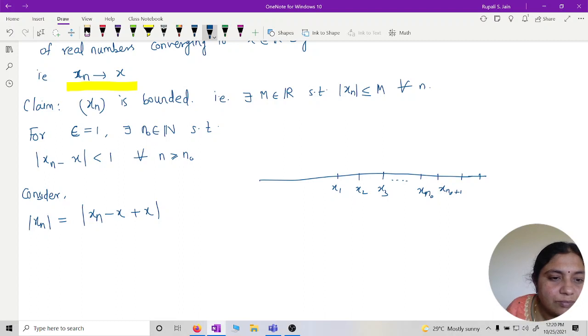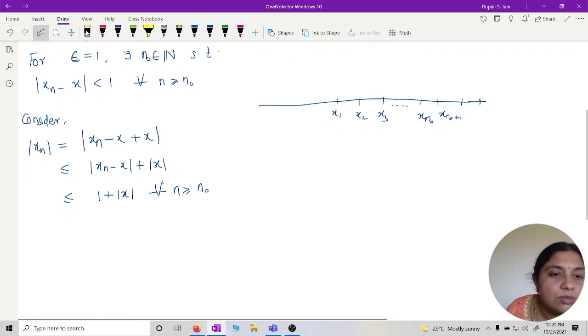This is less than or equal to mod of xn minus x plus mod x. Now mod of xn minus x is less than 1 for all n greater than or equal to n0. So this I can write as 1 plus mod x for all n greater than or equal to n0.